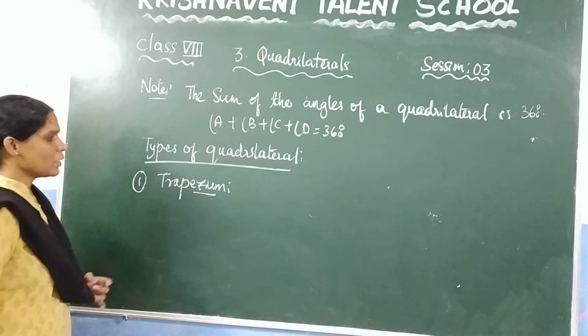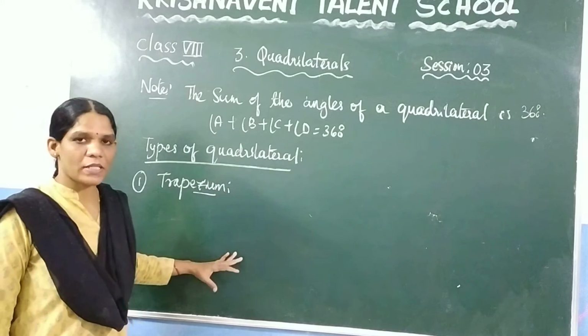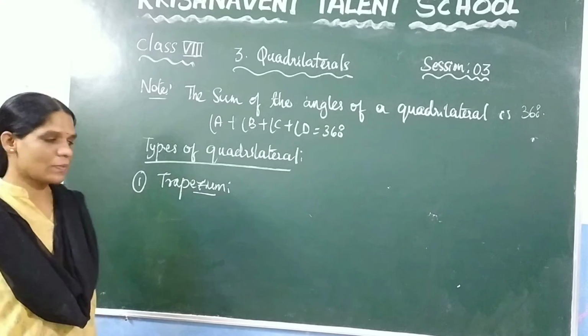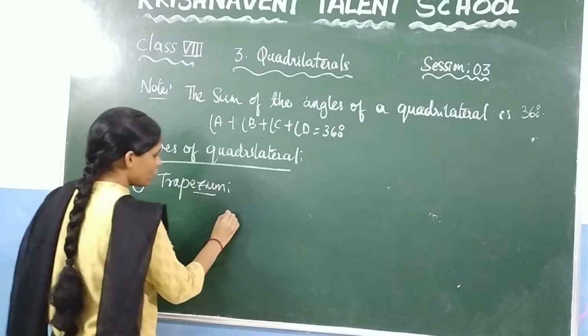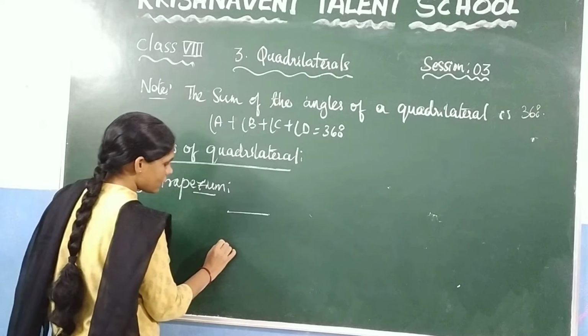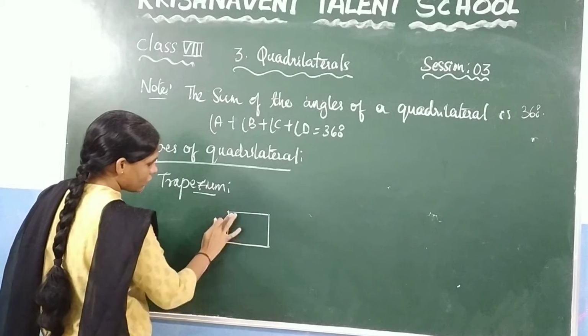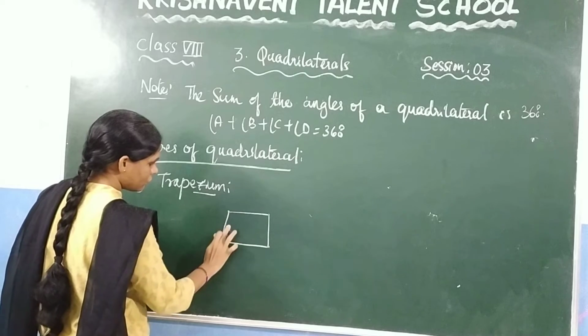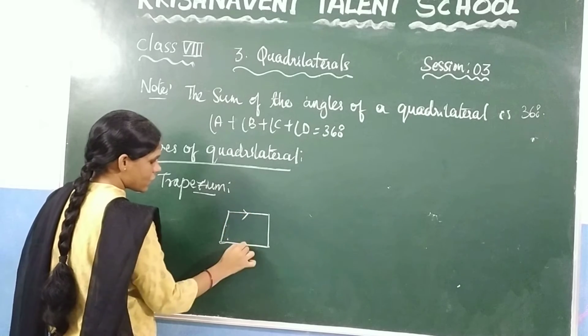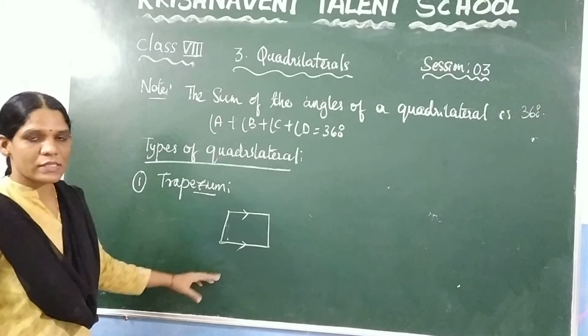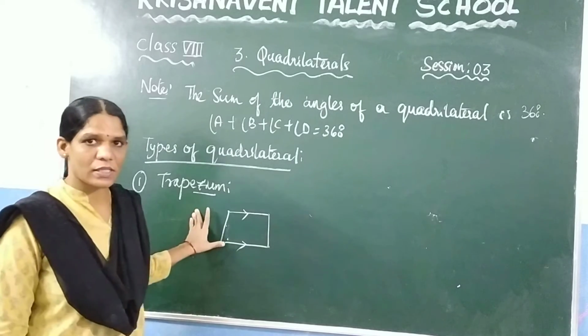What is a trapezium? In a quadrilateral, if one pair of sides is parallel, we call it a trapezium. So how will it look? It looks like this. You can observe that these two sides are parallel. Only one pair of sides is parallel, so we call it a trapezium.